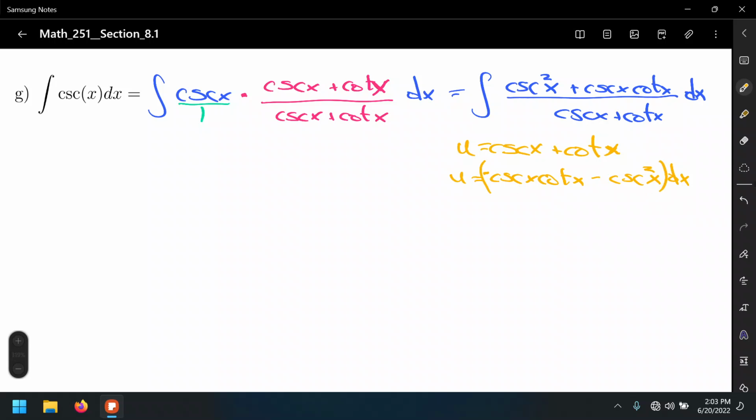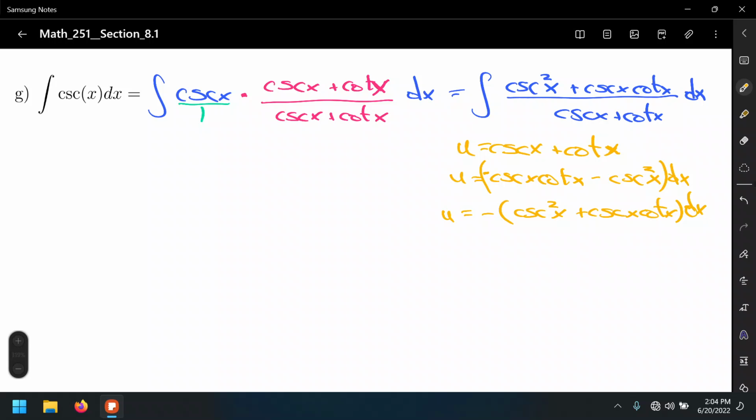And of course, if you compare this with what we have in the integral, multiplying with the dx, it's almost the same except for those negatives. Let me take those outside. And I'm going to write cosecant squared plus cosecant cotangent.